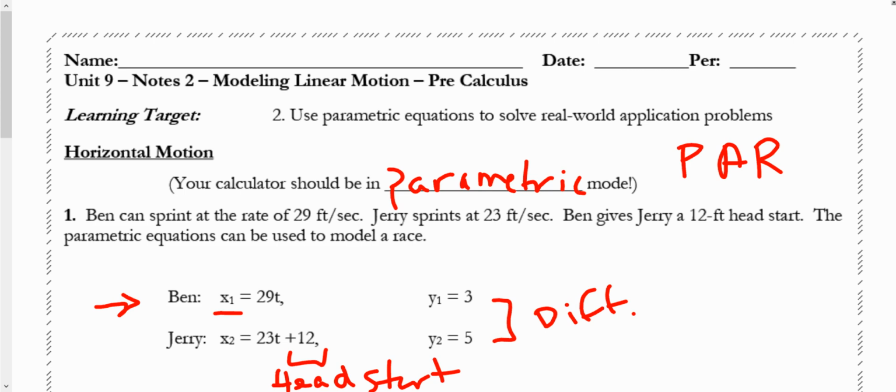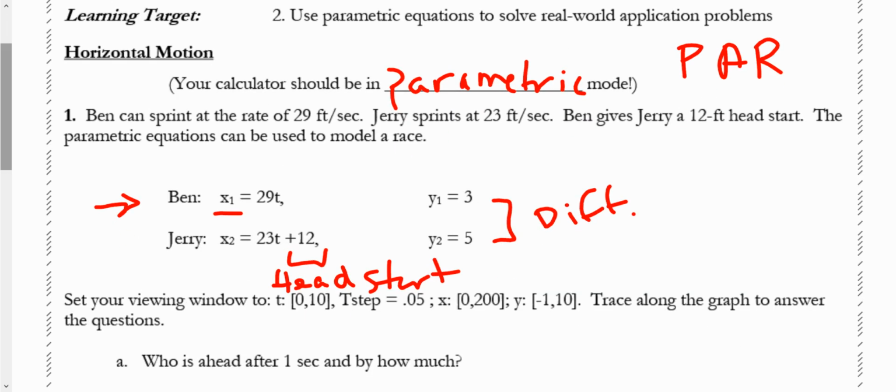Okay, so once you've got them into your graph, we're going to go ahead and use this window here. So set your viewing window. You're going to have your t from 0 to 10. So that's just like 0 to 10 seconds. We'll set our t step at 0.05. The x min and max, so 0 to 200.